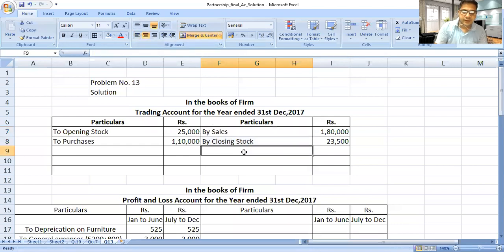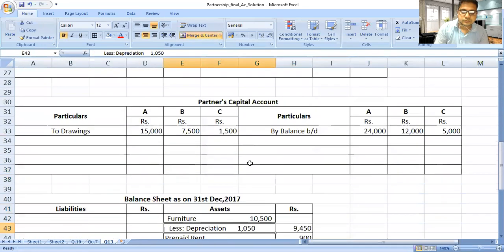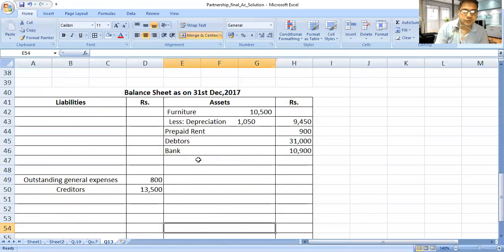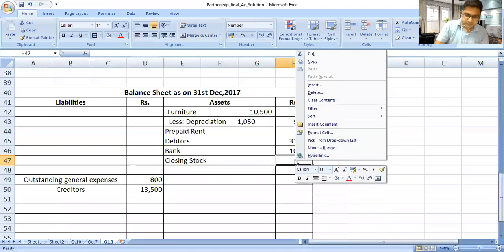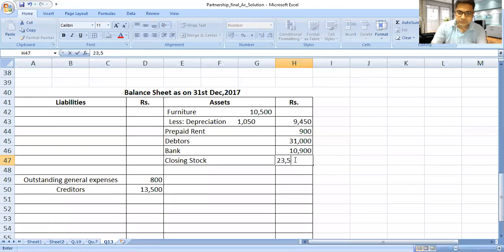Second effect we have to give in the balance sheet asset side, closing stock, value rupees 23,500. After recording the closing stock, two effects.